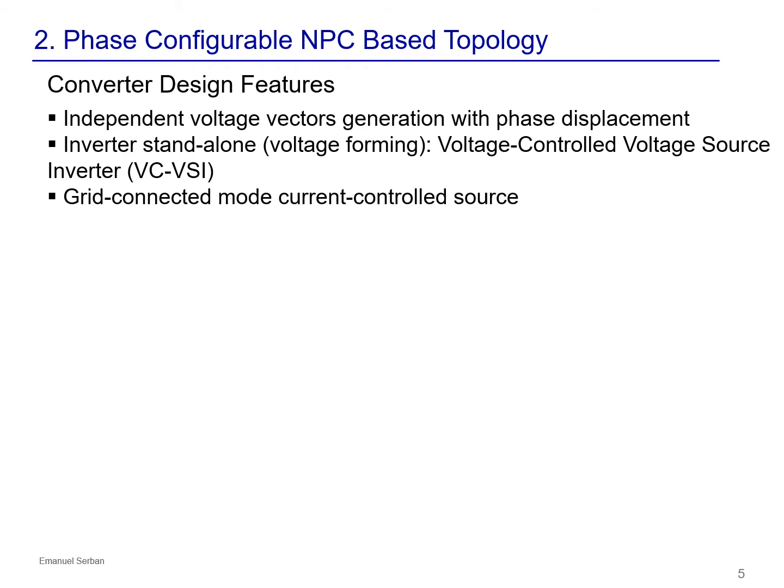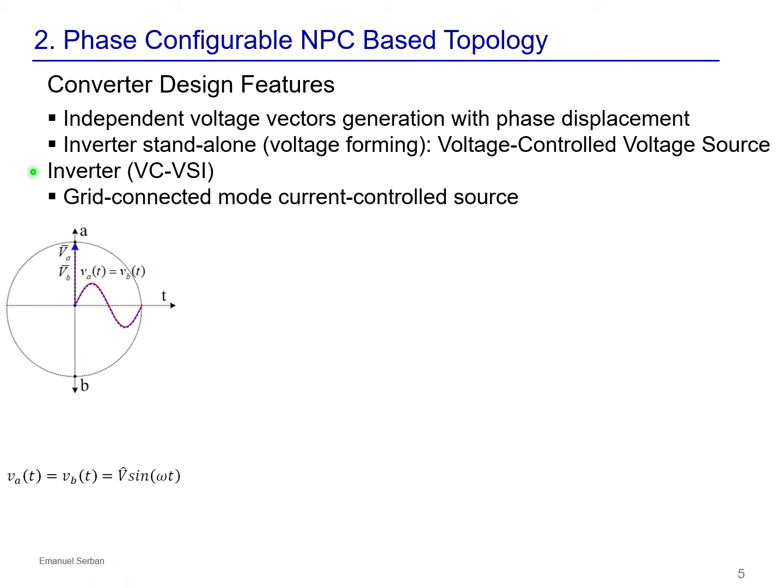The converter design features the following: independent voltage vectors generation with phase displacement, inverter standalone voltage forming, also voltage controlled voltage source inverter, and thirdly, grid connected mode current control source.